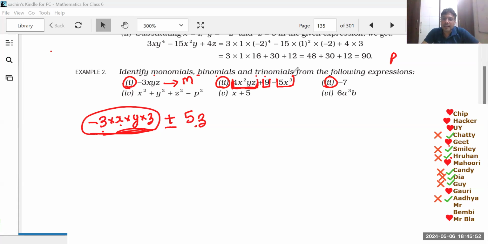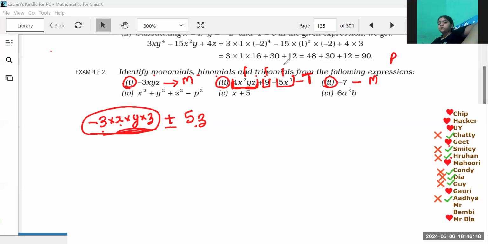Can everyone see that? Candy, Diya, Guy, Adya, Rohan, Chetty. And everyone got this right. This is a trinomial. First term, second term, third term. You will see plus and minus in between, and terms get separated by them. Terms are always separated by plus and minus signs.